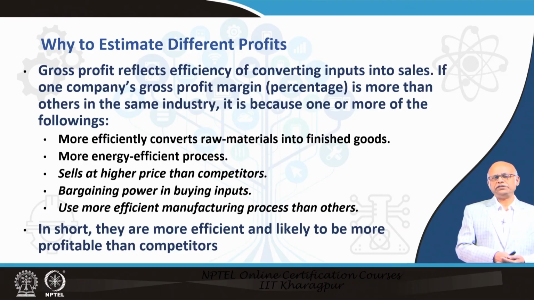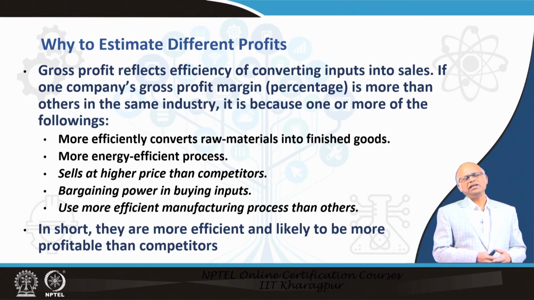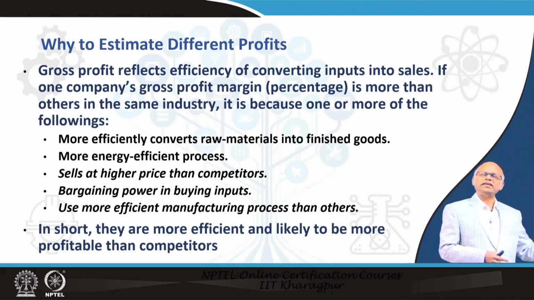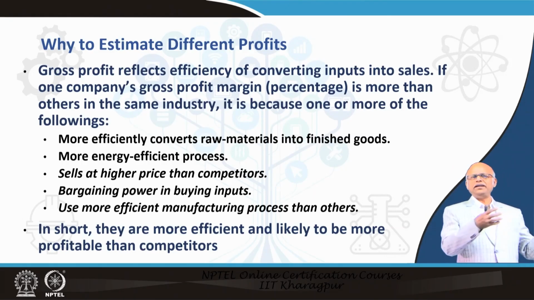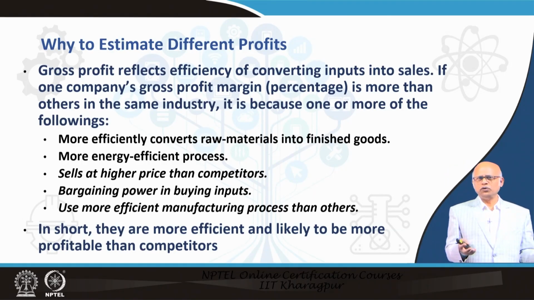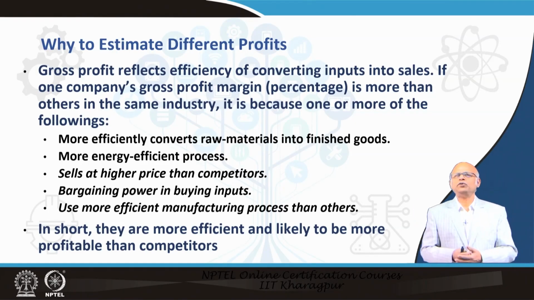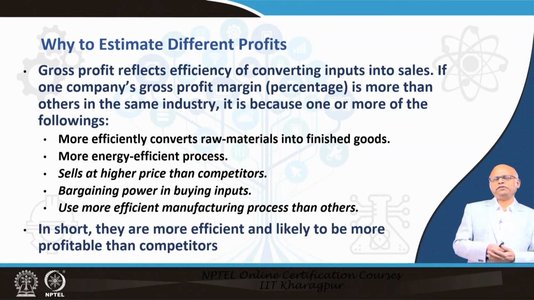Likewise, you may have bargaining power to bargain for a low price for supply of raw material. Say iron ore, you have a captive mine, and your mine extracting the ore may be more efficient and cost effective than buying the ore from some other company or maybe importing. So, there lies some efficiency. So, in gross profit we capture all this information.